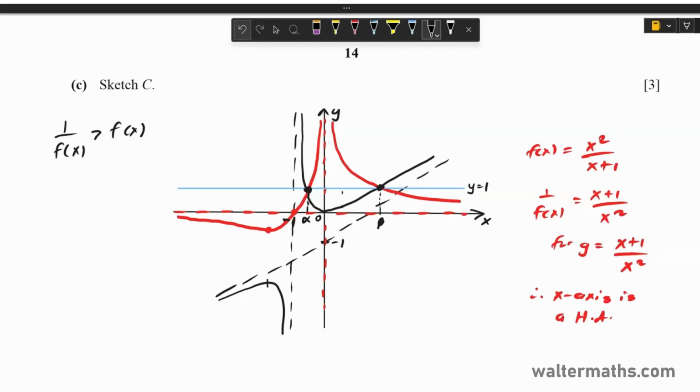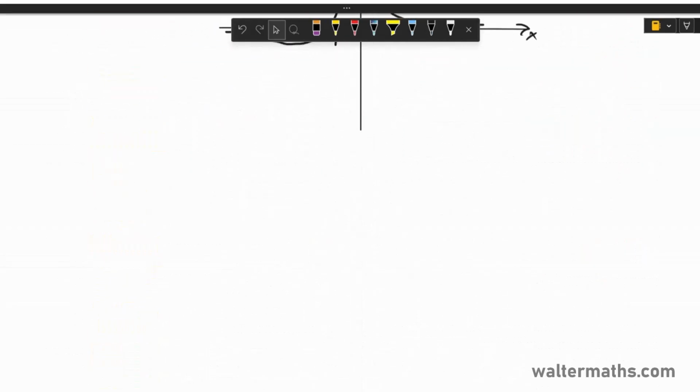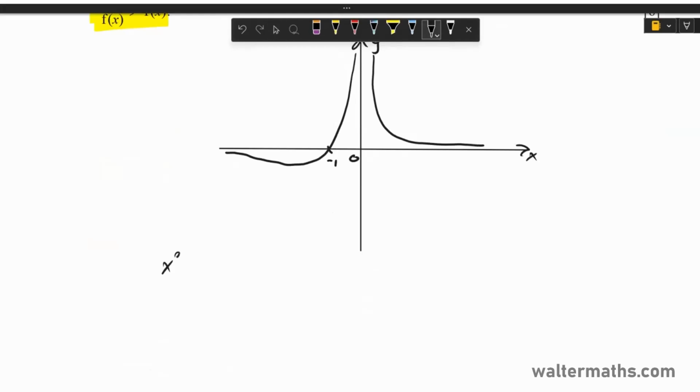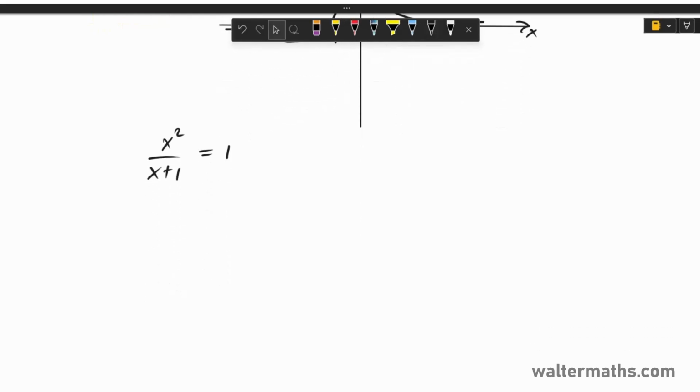Right, so these values are where the graph of f of x intersects with the line y equals 1. So the graph x squared over x plus 1, which is f of x, has to intersect with 1. Okay, and we multiply both sides by x plus 1 so that x squared is equal to x plus 1. Then we move everything to one side so that we have x squared minus x minus 1 equals 0.